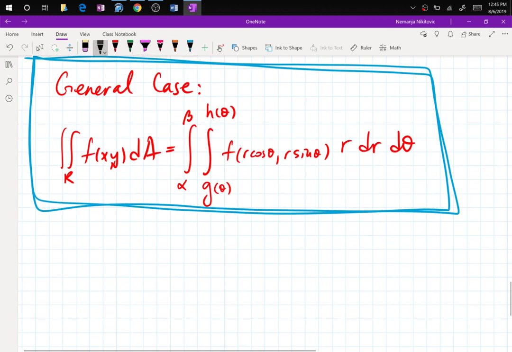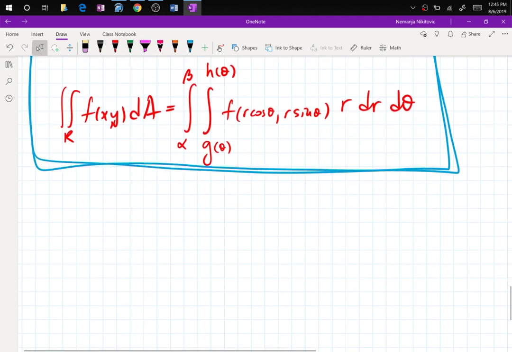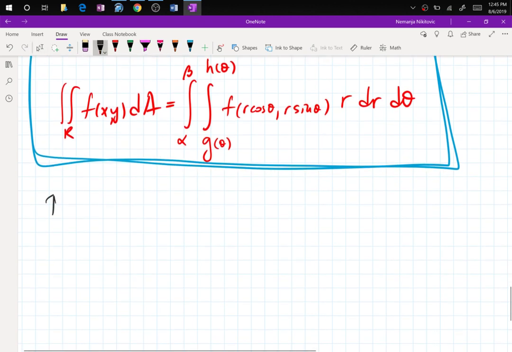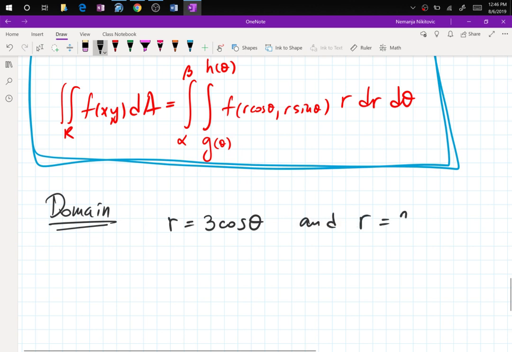Now, if you don't remember this from Calc 2, then it's a problem. You have to review it. Say you have a domain, let's say r equals 3 cosine theta, and r equals 2.